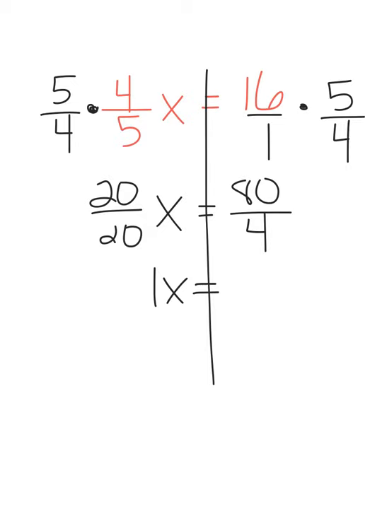Or if we can simplify this, we get the answer 20. So this is an example of where having the reciprocal or multiplying both sides by the reciprocal to get x as 1 helps you to simplify and solve this problem. That's it on solving one-step equations.